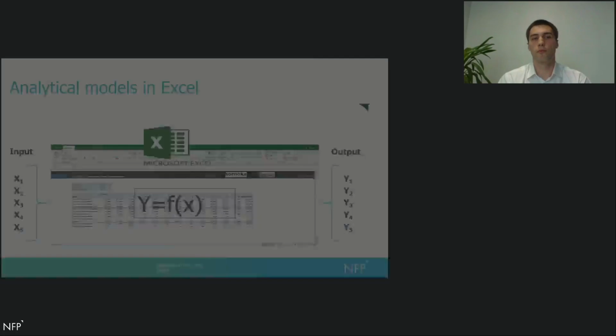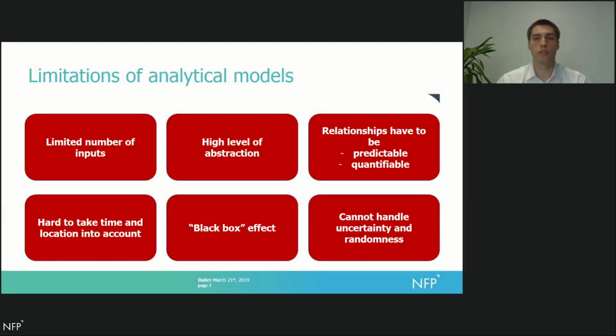So, first of all, there's only so much data that you can input on an Excel spreadsheet. And that data needs to involve relationships that can be clearly defined, they are predictable, because they need to be expressed as a set of mathematical formulas.